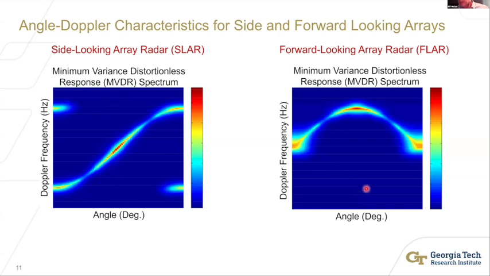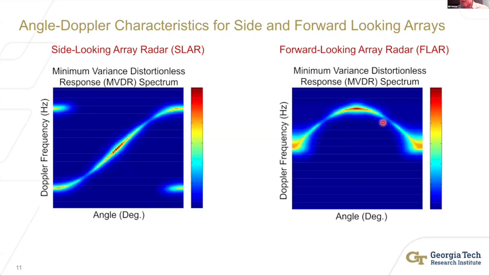This example here is for a forward-looking radar, for example, in the nose cone of an aircraft. And in this case, clutter falls along a circle, and all things equal, looking for a target, say, in the transmit direction, so in this direction here, clutter is twice as hard to remove because we have to cancel clutter at both angles for a given Doppler.